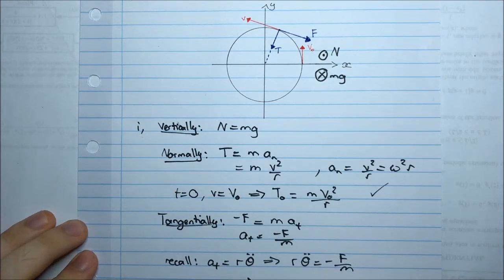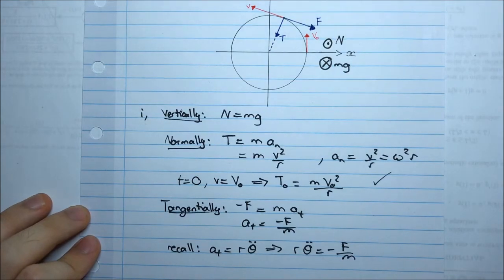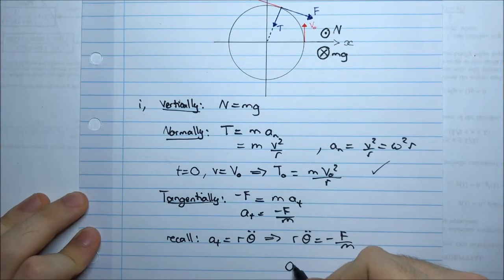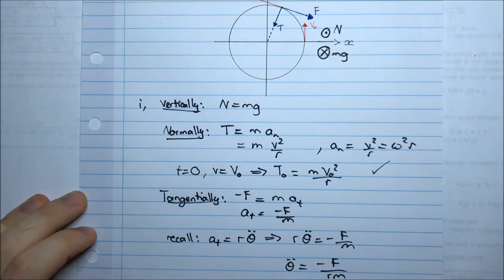But the reason I'm working with angular quantities is because I think it's good to familiarize yourself with them, because in other questions you're going to have to use angular quantities, and since we haven't seen that except in this section of the mechanics course, we don't see it in 2 unit or 3 unit, I think it's good to do an example like this. Okay, and one more thing I need to do, I need to divide by r, and I get this expression here.